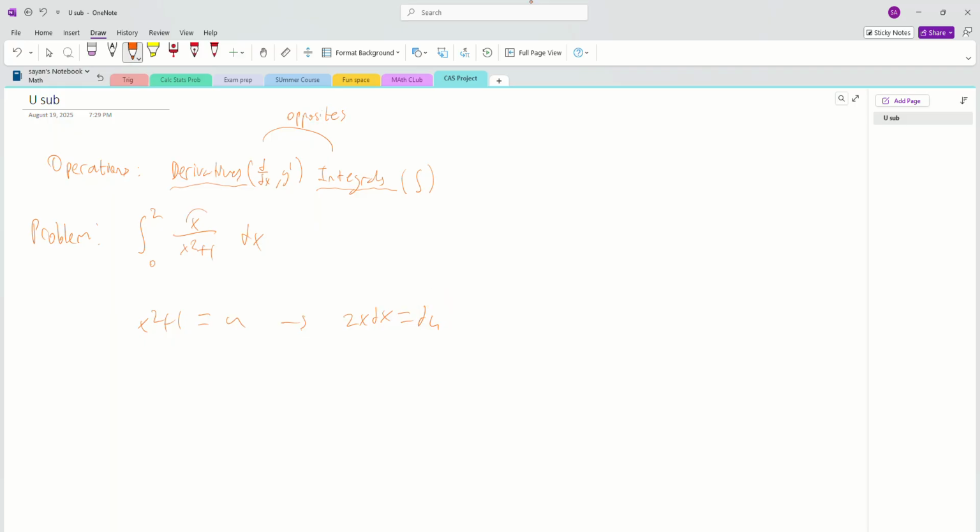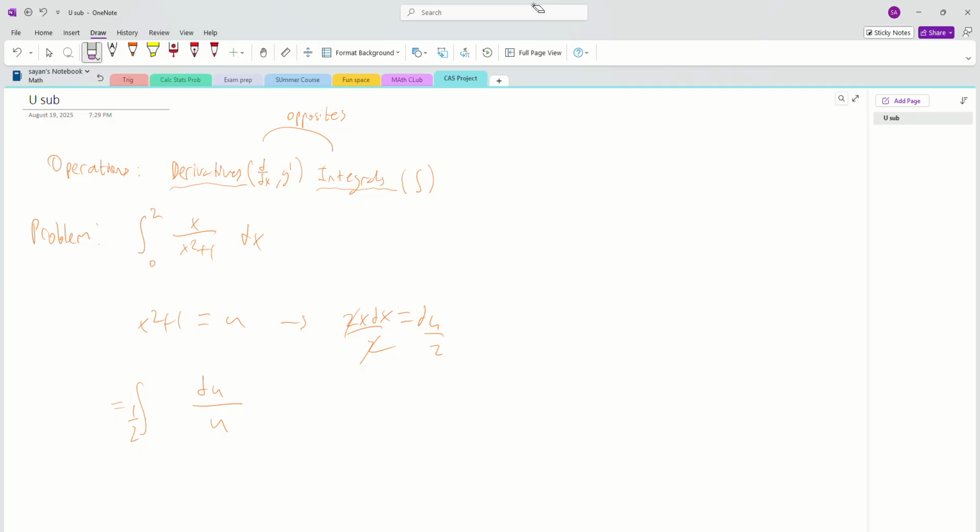We have an x dx right here. You don't have the 2, so we can just divide both sides by 2. No problem. Now what we can do is say that this is equal to du over u, right? This is u, this is du over 2. It's perfect. I'm going to just take the half out.